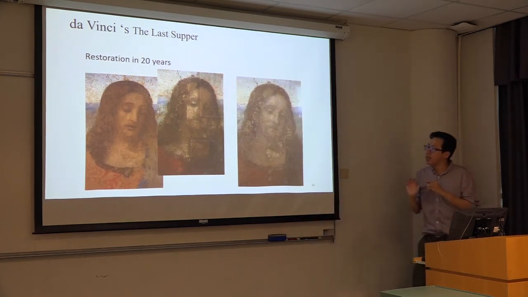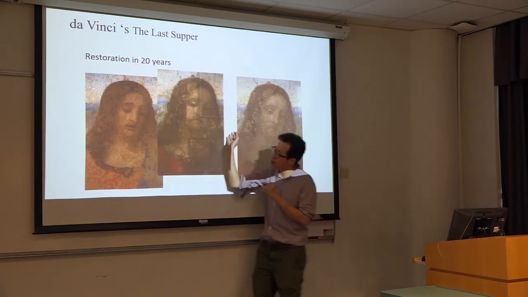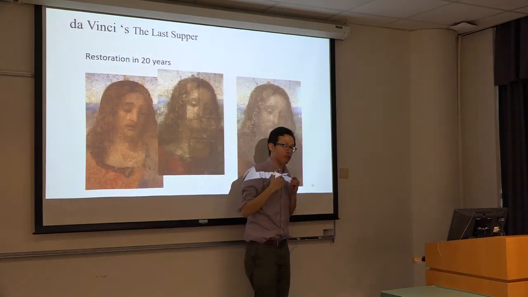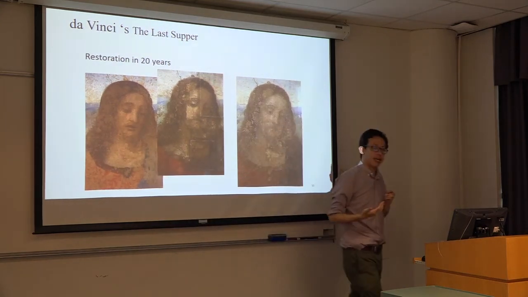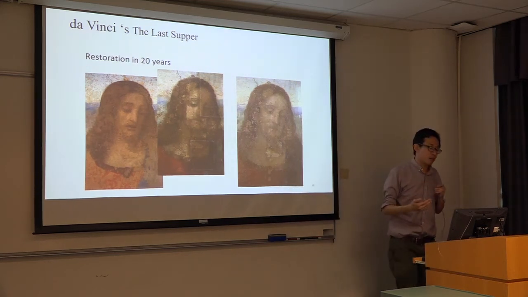The reason is that the conservators first have to make sure the materials filling this gap, this fallen part, are true to the original. They have to do a lot of testing and analysis to make sure the pigment materials are very similar to the original pigments.